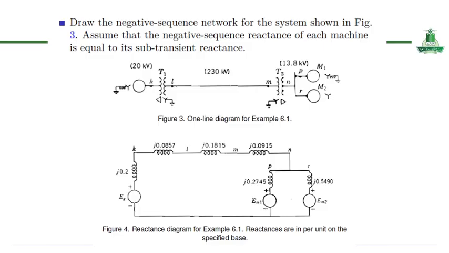So to construct the network, the system configuration remains identical to the original single line diagram, but all voltage sources are removed and each component is replaced by its corresponding negative sequence reactance in per unit.